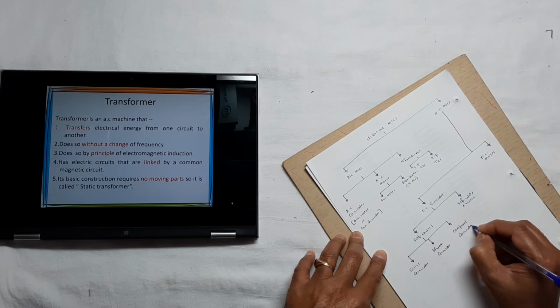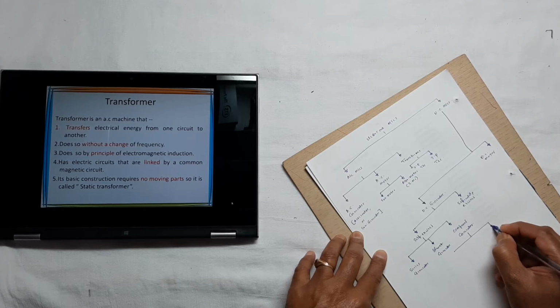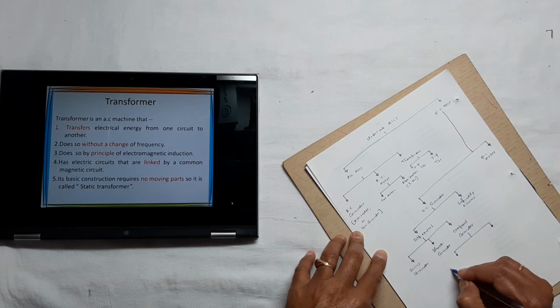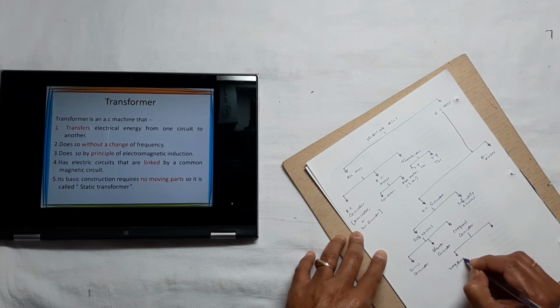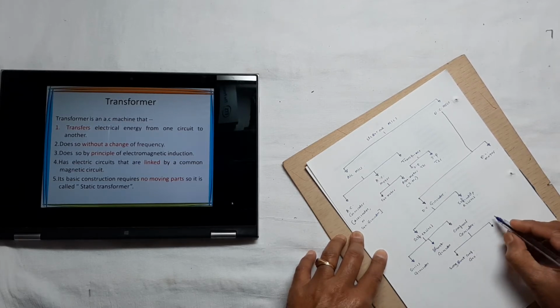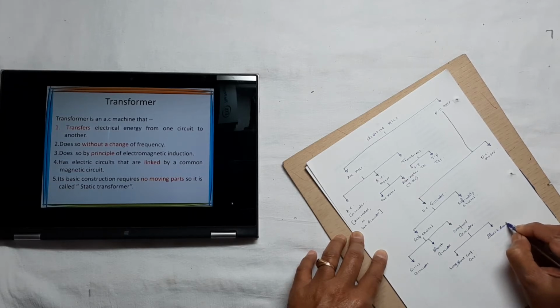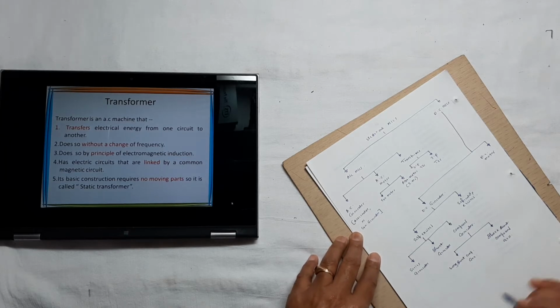Once again, under compound generator, we have got long shunt compound generator and short shunt compound generator. Once again, under this, we have got cumulative, differential and level compounding.